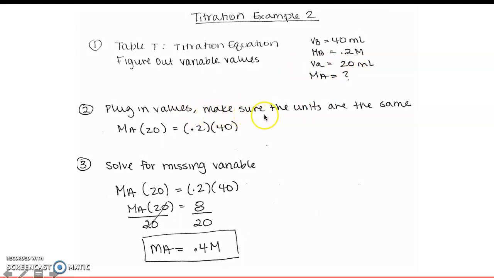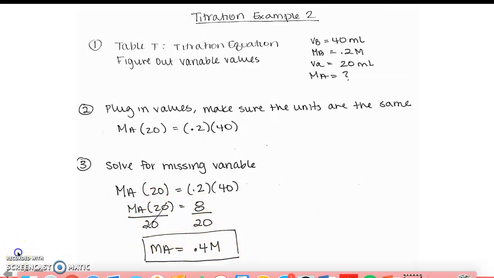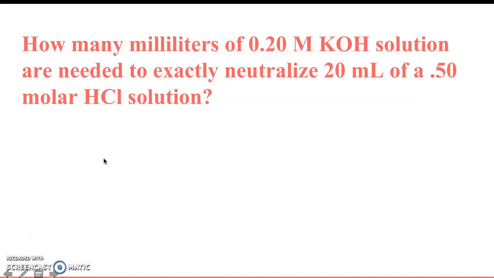Plug in the values and make sure the units are the same on both sides, so MA times 20 equals 0.2 times 40. And then we're going to solve for the missing variable. So what I did was I combined this side, 0.2 times 40 is 8. And then I divided both sides by 20 to get MA by itself. MA equals 0.4 molar.